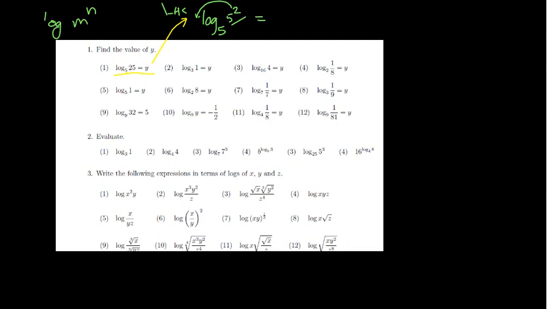So going to the front, I have 2 log 5 to the base 5. So the answer is 2 times log 5 to the base 5. Hello? How much is that?